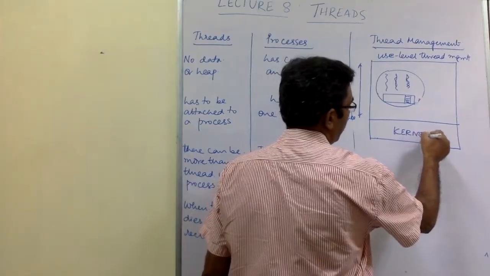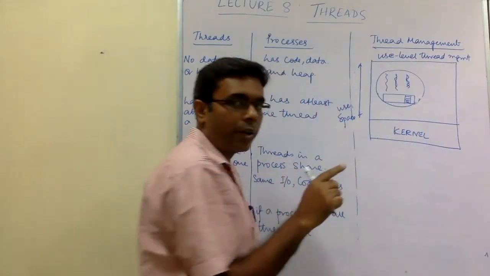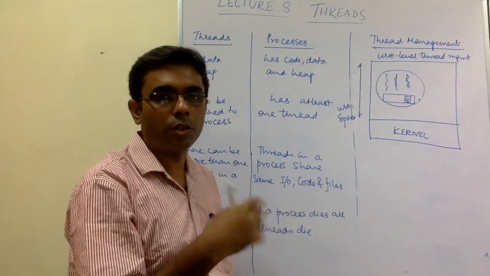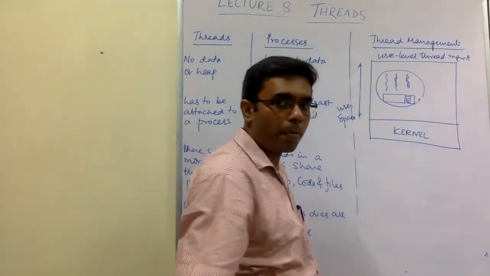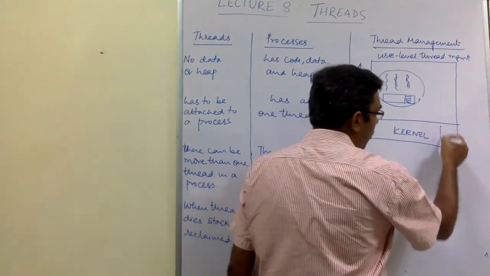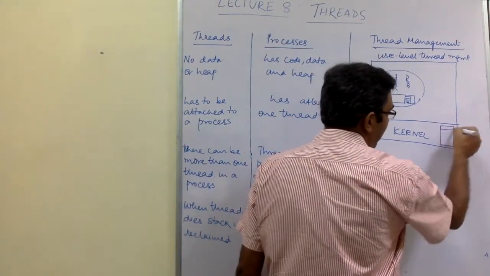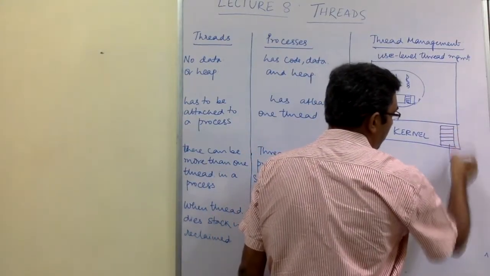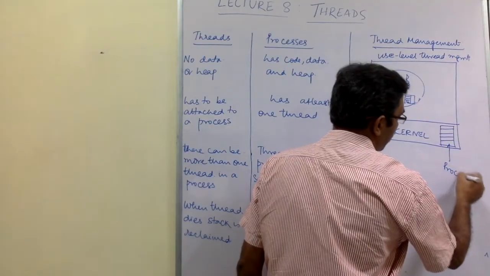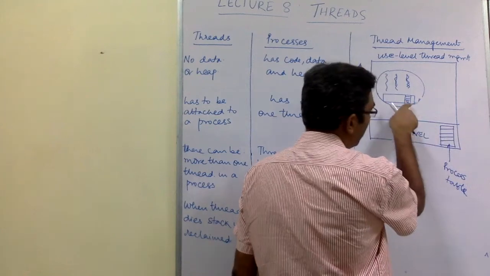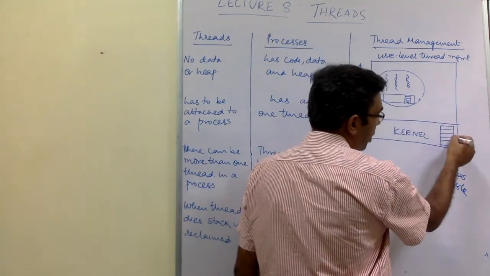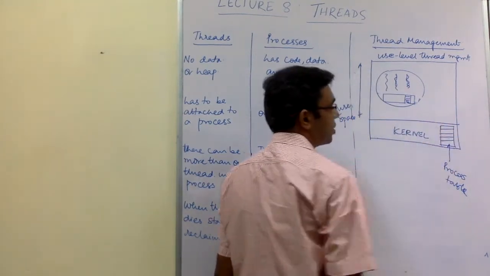So obviously, the information about the threads, that is the thread control block or the thread table, whatever you call it, is maintained in the process. The only way these two are related is the data structure called the process table, which is maintained by the kernel. You have a pointer pointing to the corresponding entry of the process in the process table.